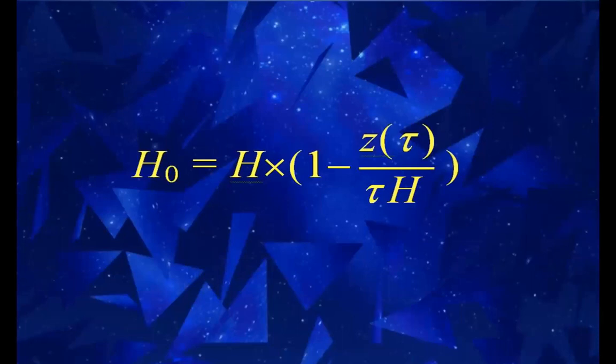H is the modern value of the Hubble constant, calculated from the assumption that the redshift in the spectra of galaxies is caused only by their recessional velocities. H sub 0 is the corrected value of the Hubble constant, considering the non-Doppler redshift in the spectra of galaxies.